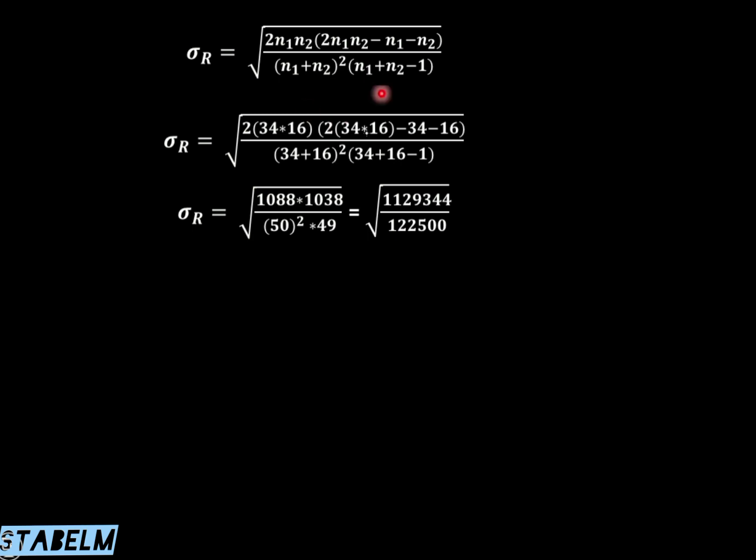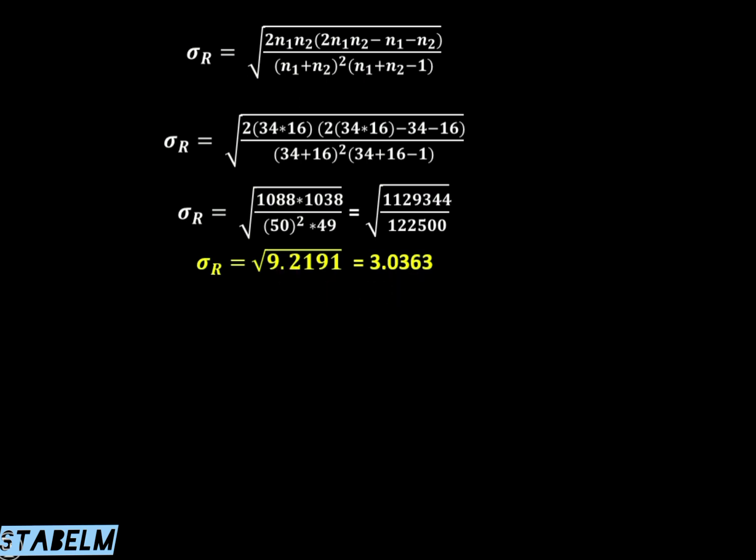If we simplify this, 1088 multiplied by 1038 gives this, and 50 squared multiplied by 49 will give us this. Now by the time we divide this value, we are going to have the square root of 9.2191, and that will give us 3.0363 by the time we find the square root.